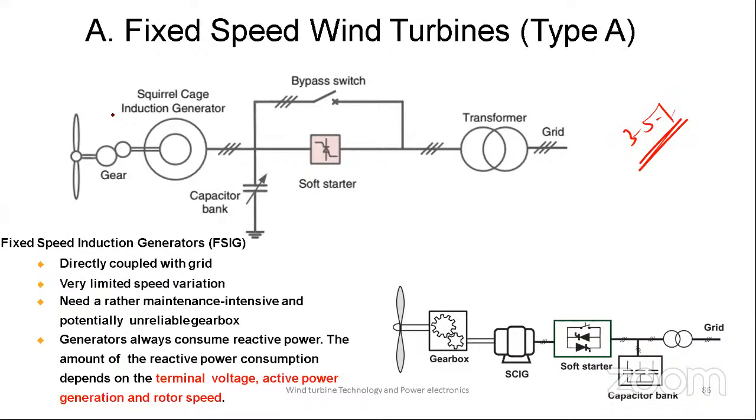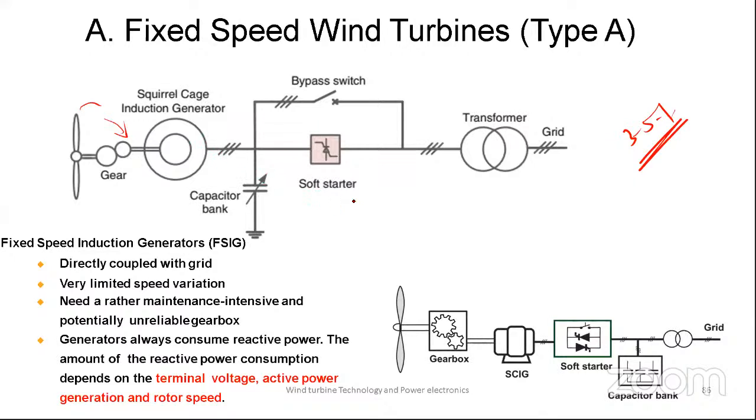Now you can see the rotor is connected to the gearbox and the squirrel cage induction generator. Here the stator is connected to the grid via the soft starter for smooth running operation of the turbine.